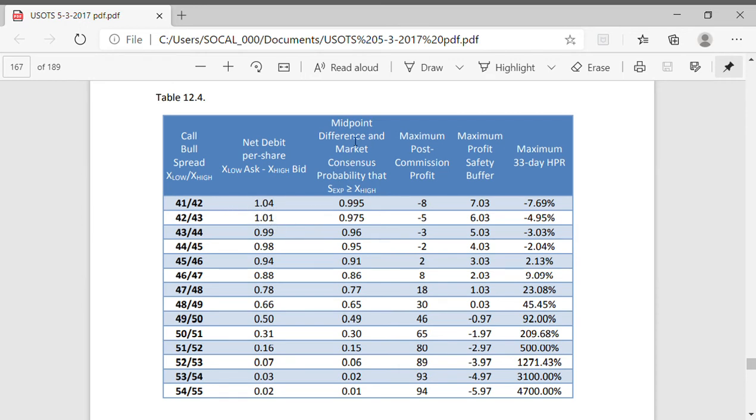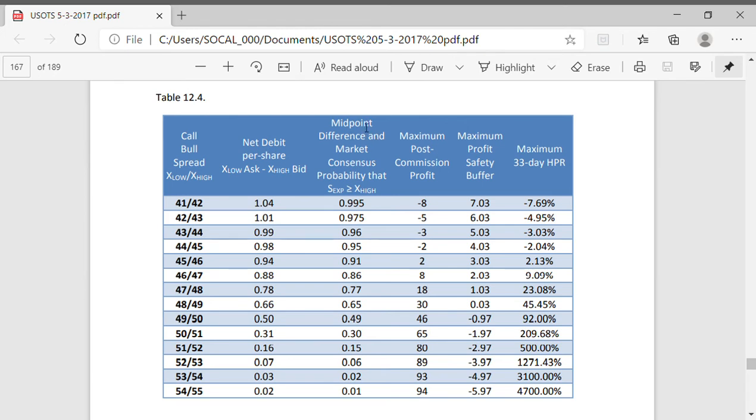But now we talk about creating midpoints. Instead of taking the ask for the 41 strike and the bid for the 42 strike, I start off by calculating the midpoint for both the 41 and then separately the 42. And then I use those midpoints, almost assuming an in-the-market limit order would end up executing for both. And then when you do that, you get what the price would be.